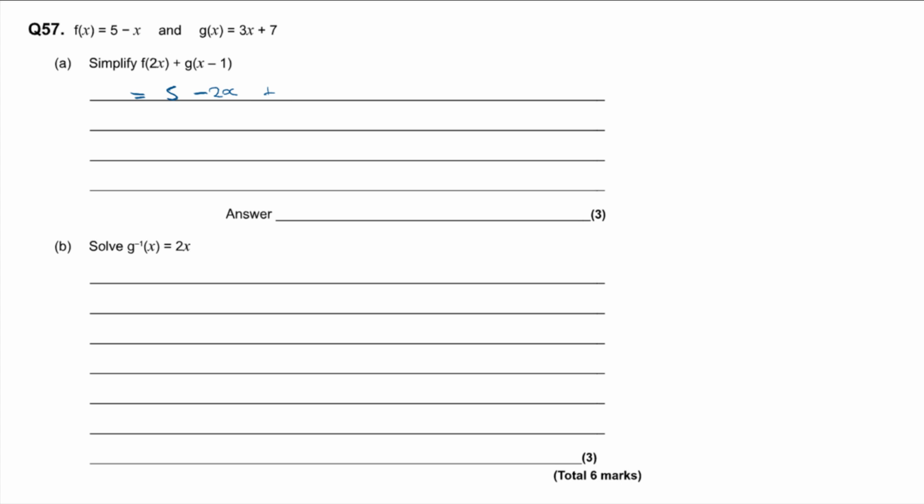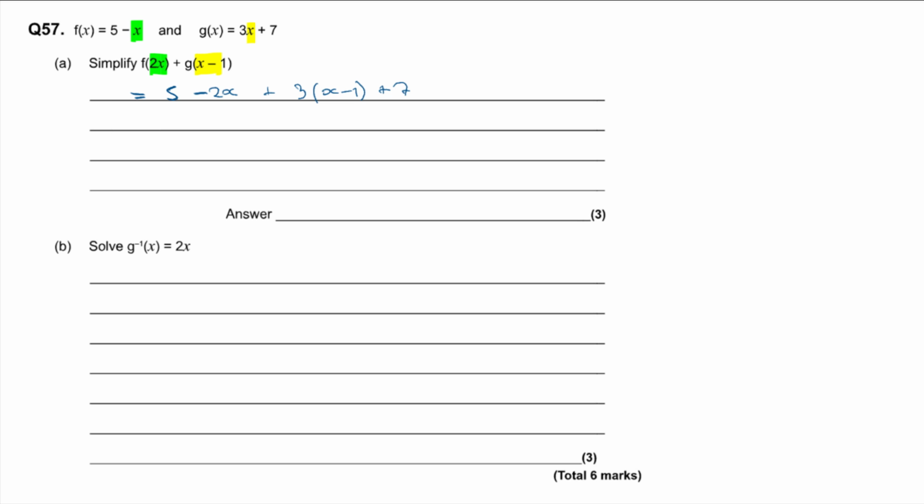And then plus g of x minus 1 is take x minus 1 and write it where the x is in g of x. So that's going to be plus 3 lots of x minus 1 plus 7. So I'm just taking that and putting it in there, and taking this and putting it in there. Makes sense? Hope so.